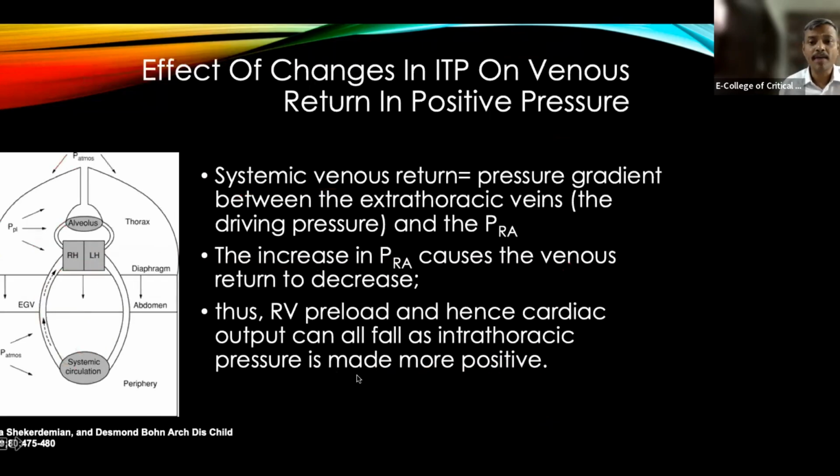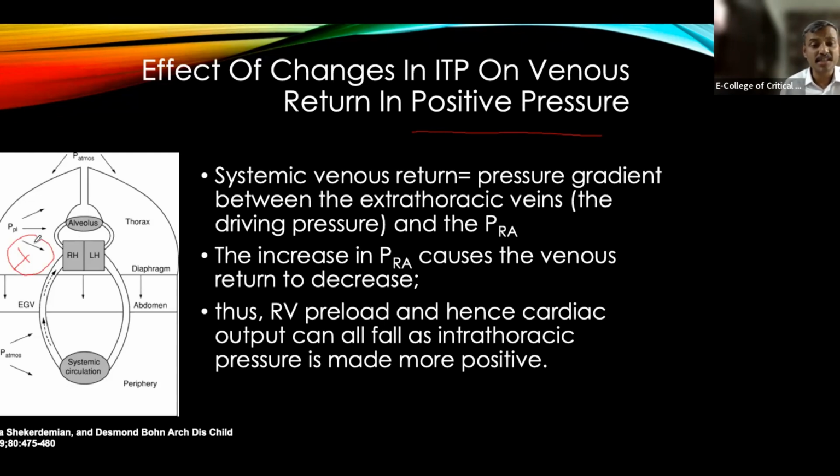Coming to the effect of changes in intrathoracic pressure on venous return in positive pressure ventilation. This is very important. The same works here. Venous return is equal to the pressure gradient between the extrathoracic veins and the intrathoracic, meaning right atrium. But here the pressure is positive now, because you are giving positive pressure ventilation.